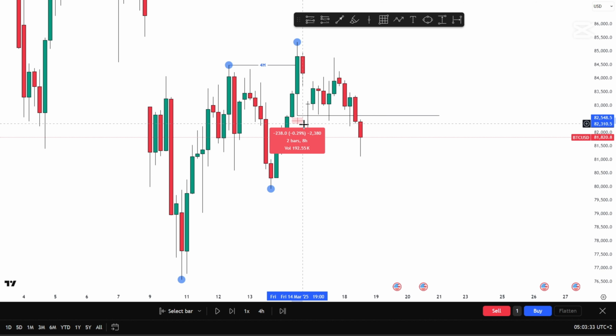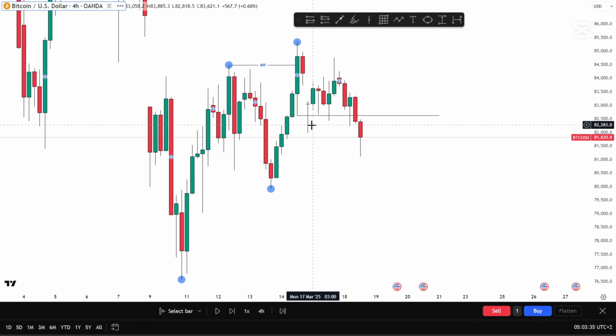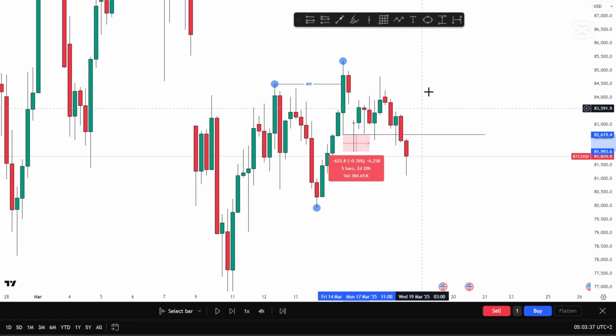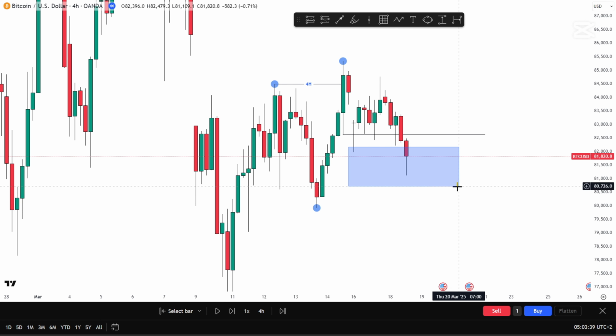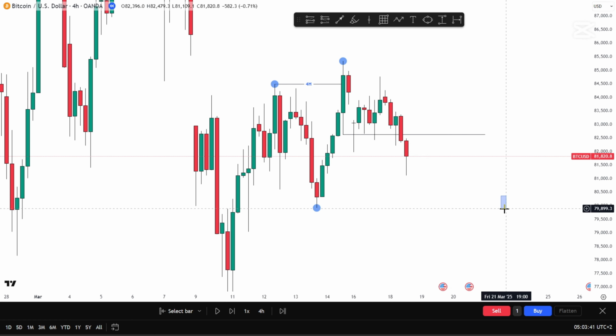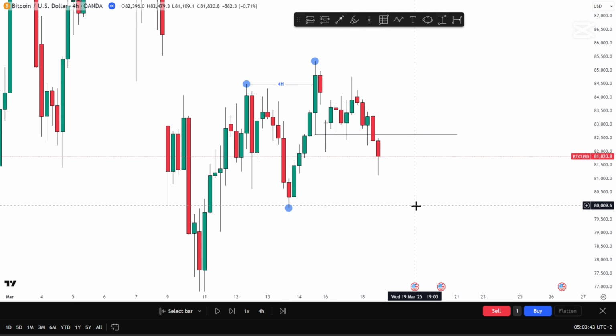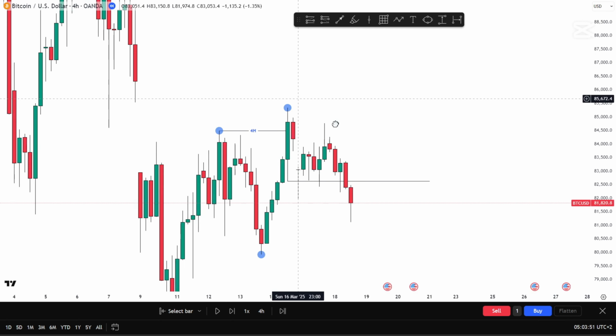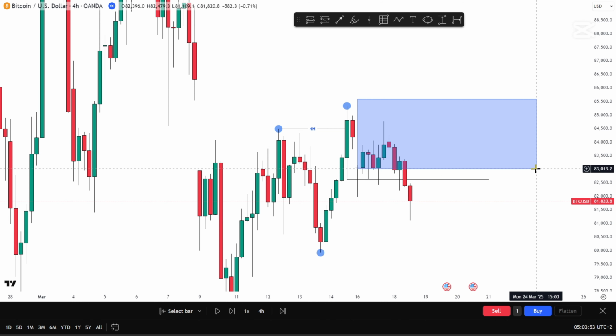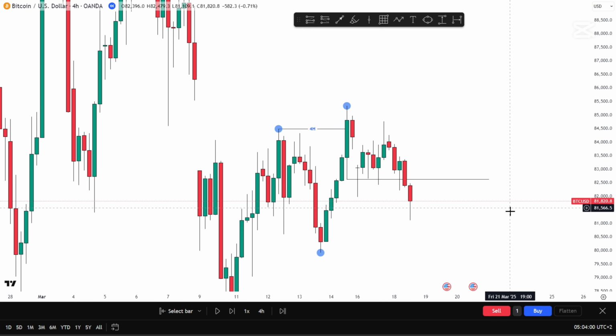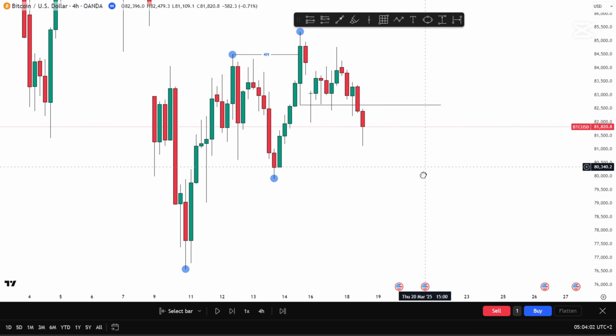So in this case, anything that is below the 50% Fibonacci level, that defines my discount area, right? So anything that is above the 50%, it defines my premium area, right? That's the area where I have to be looking for sell opportunities.